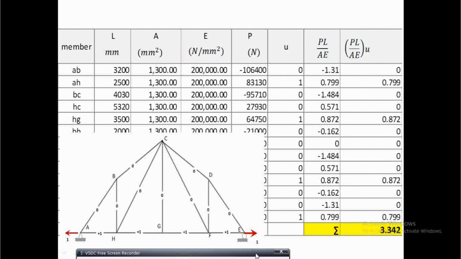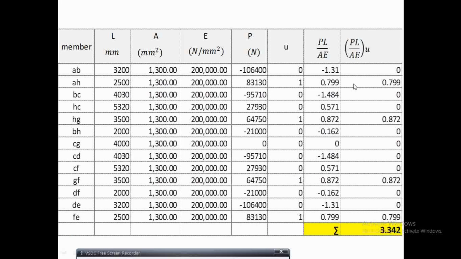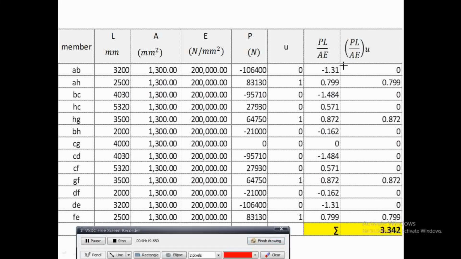So, after na nakuha natin na isulat na natin yung mga values ng P and U, all we have to do now is to get the product, the quotient of PL over AE. So, itong negative 1.31, that is 3,200 multiplied by 106,400.